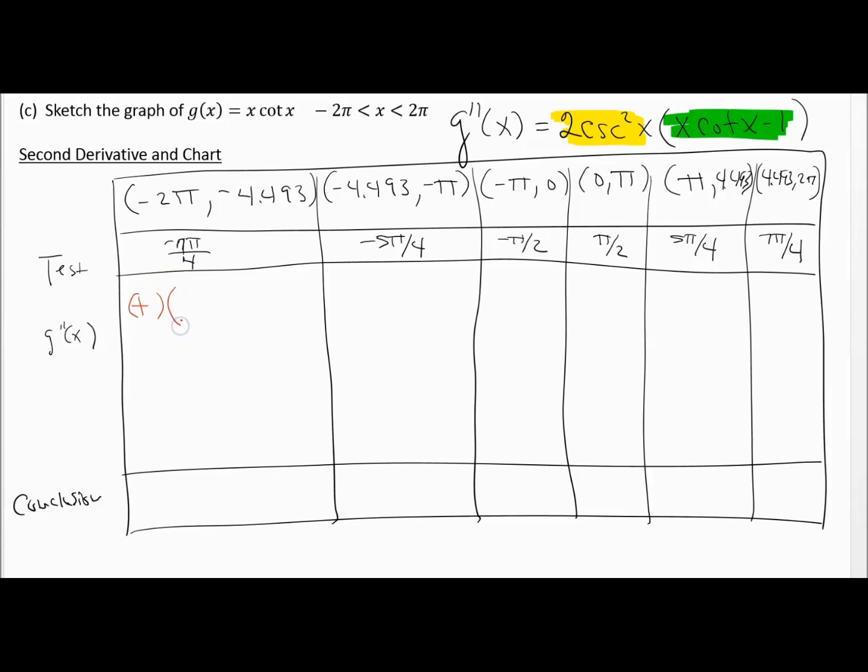But then I have to do negative 7 pi over 4 times the cotangent of negative 7 pi over 4, and then subtract 1 from that. Now, y'all, honestly, I would plug this in my calculator, or either plug in negative 5. That works too. You need to be in radian mode to do that.